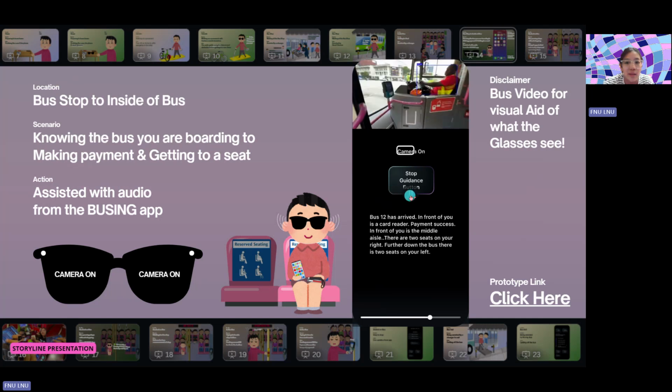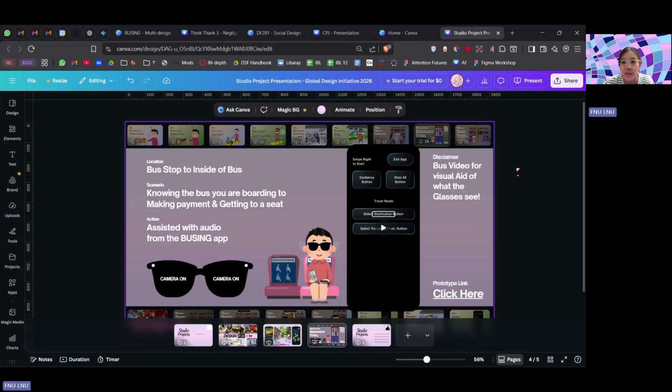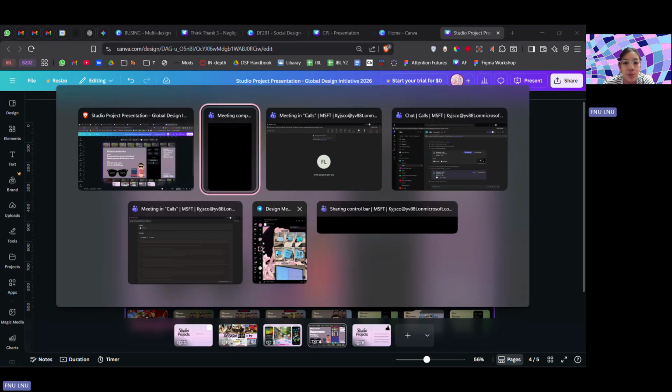Just repeating myself, these projects vary from designer to designer, who all have different projects. Let me just show you.